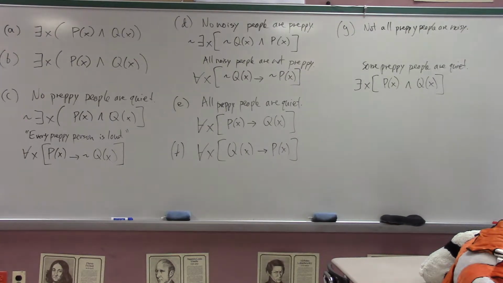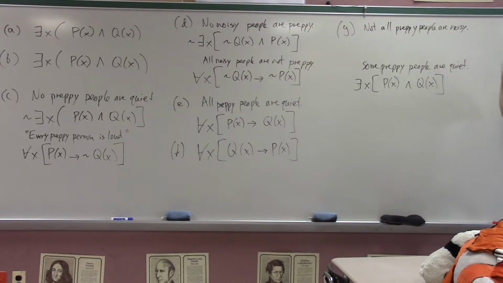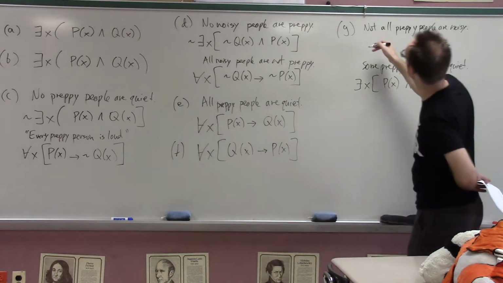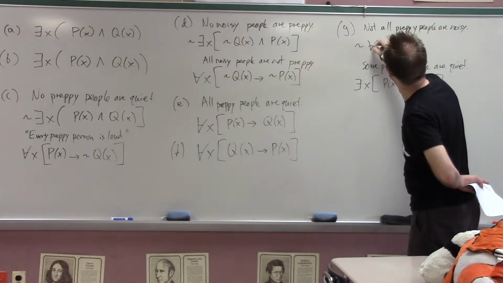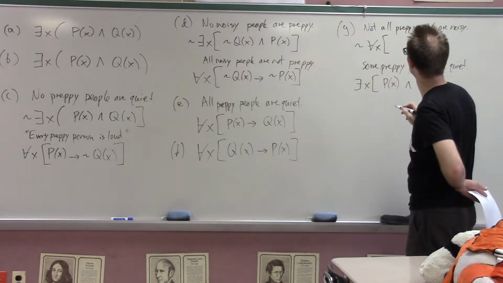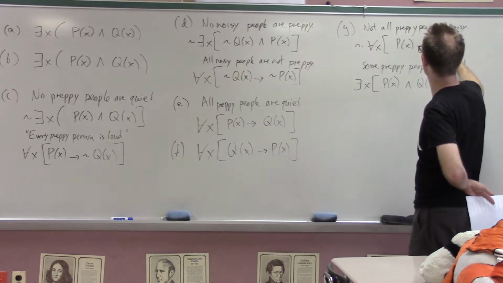But it's also possible to translate not all preppy people are noisy in a different way. If it's not the case that all preppy people are noisy, that's what not all preppy people are noisy means. So in other words, it's not true that for every single person, if they're preppy, then they are noisy.